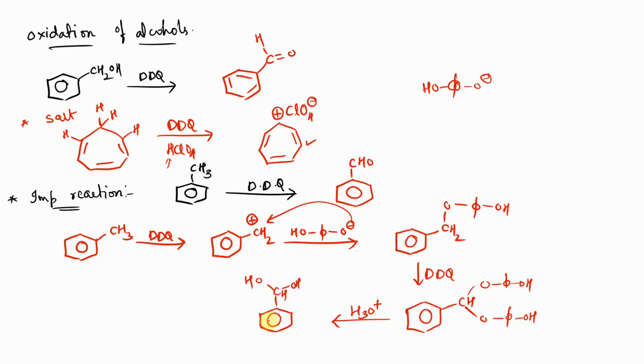So this is the product which we get once you treat this particular species with H3O plus. Since there are two OH groups attached on the same carbon, it is very unstable. A molecule of water will be removed. At last, we will obtain the compound we expect, that is benzaldehyde with CHO group. So this is the reaction of oxygen insertion process.